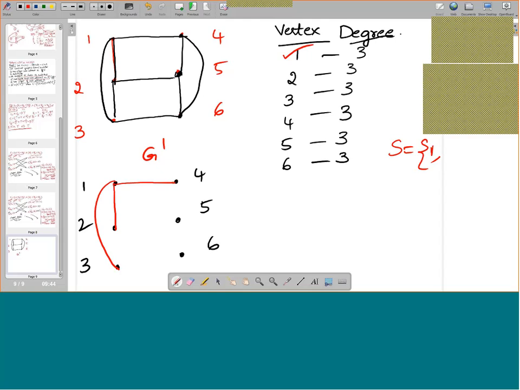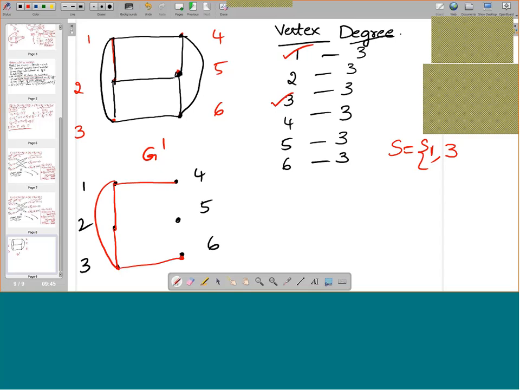Next, for including the remaining edges, we need to take another vertex. So I will take 3. If we take 3, what are the edges we can cover? 2 to 3. Next, 3 to 6.